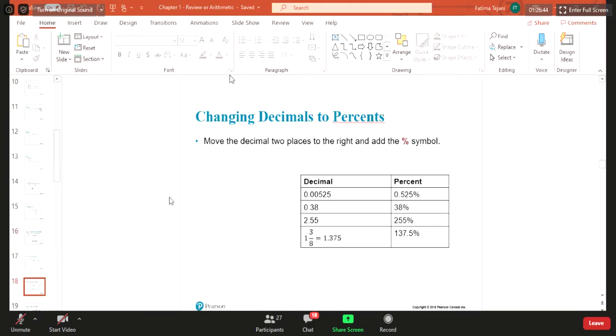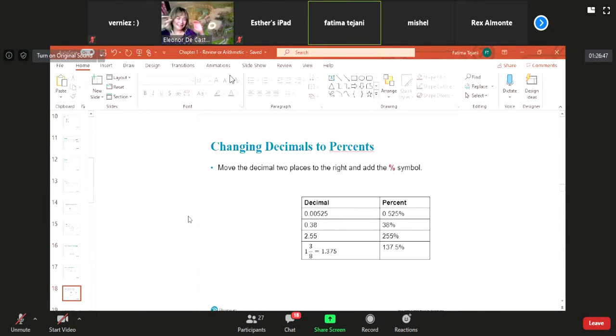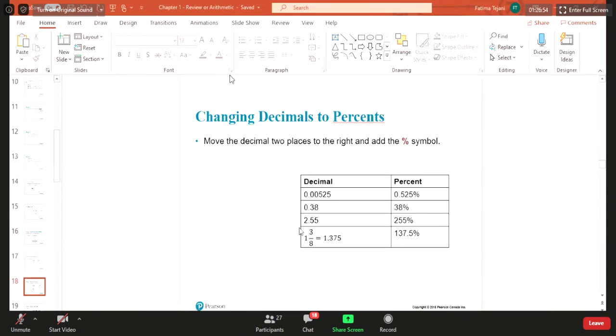Okay, guys, to convert 0.38 into percentage, you just multiply by 100. Multiply 0.55 by 100. Now, 1 3/8, how do you convert this into percentage?